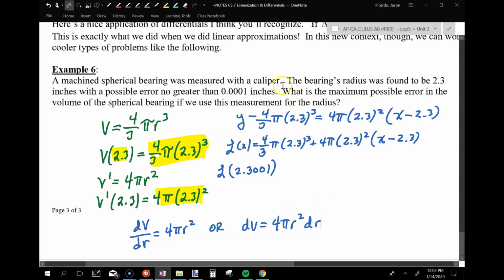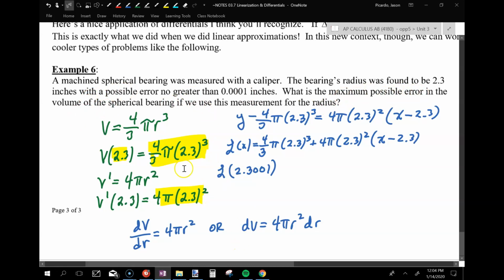Guys, dr stands for what? The change in the radius. dV stands for what? The change in the volume. I want to know what is the greatest possible error in the volume.